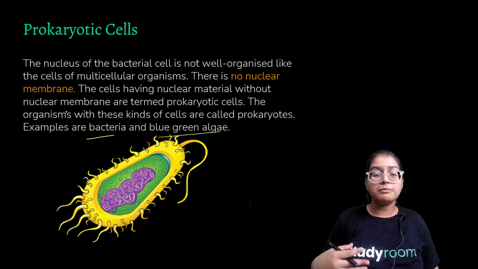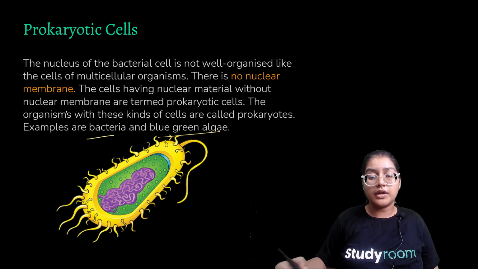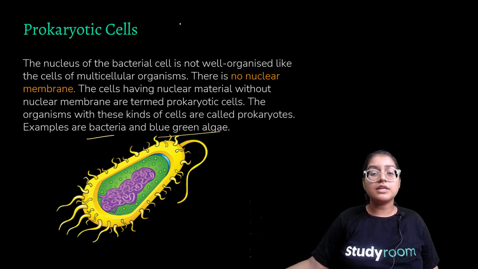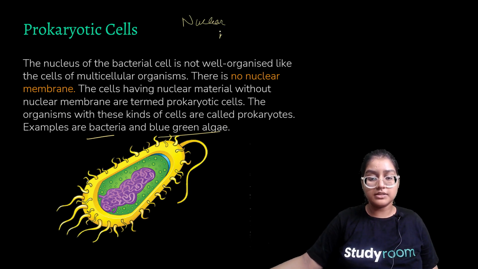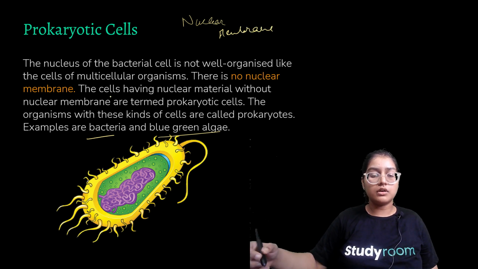The cells having nuclear material without a nuclear membrane are called prokaryotes. So sometimes it is said that the nuclear membrane is absent. Which categories of cells come under the prokaryotic cells?